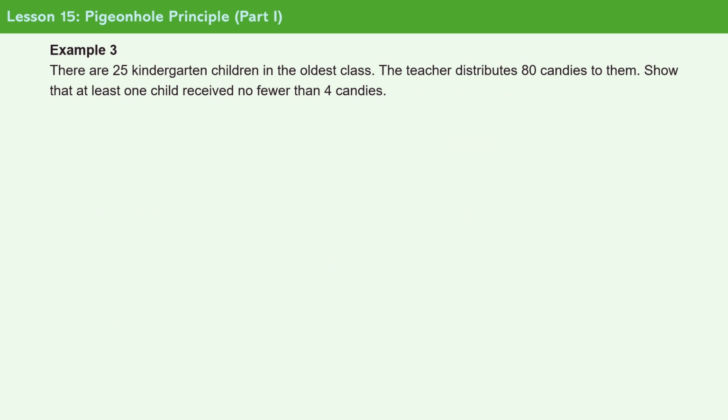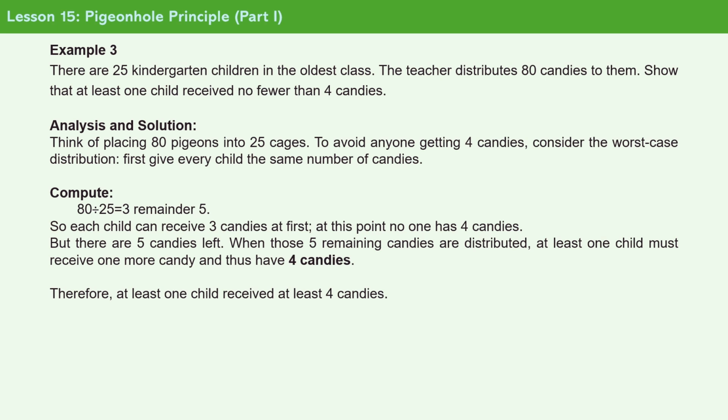Example 3, there are 25 kindergarten children in the oldest class. The teacher distributes 80 candies to them. Show that at least one child received no fewer than 4 candies. Think of placing 80 pigeons into 25 cages. To avoid anyone getting 4 candies, consider the worst case distribution.